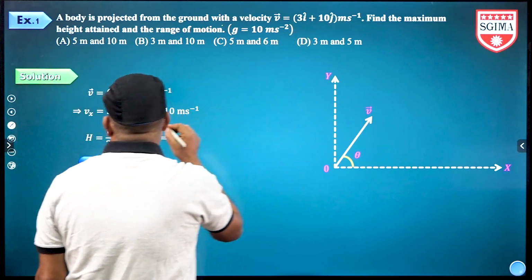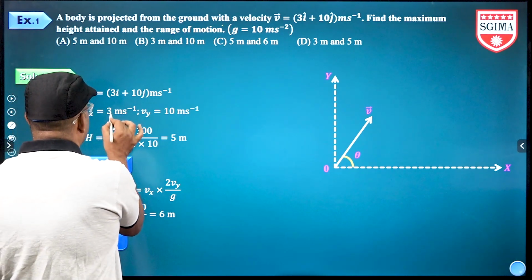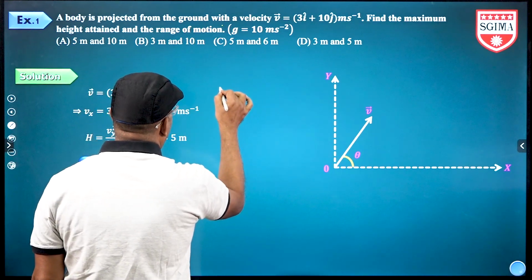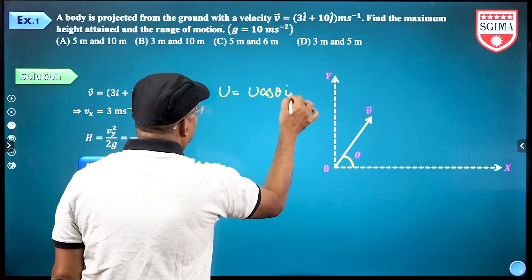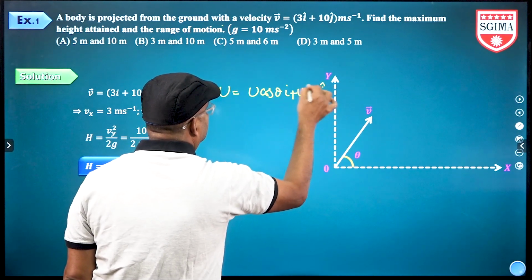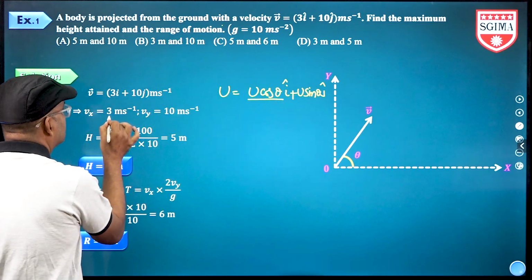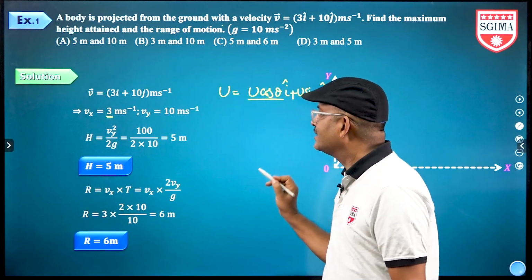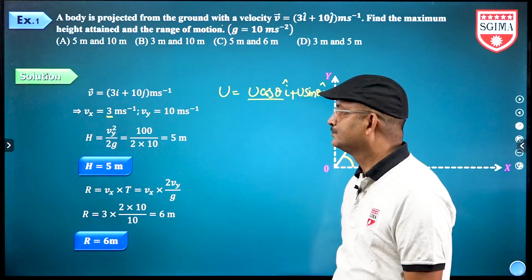Comparing this velocity with u cos theta i plus u sin theta j, the initial velocity: u cos theta is the initial velocity along the x direction, that is 3. u sin theta is Vy, that is equal to 10 meters per second.